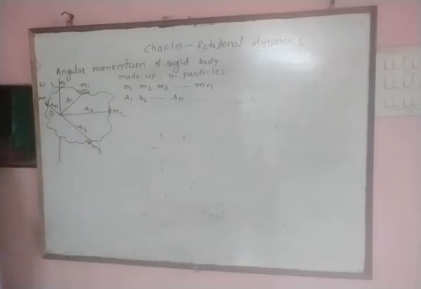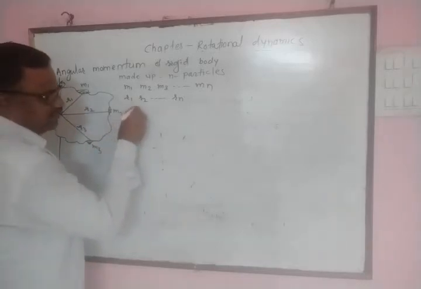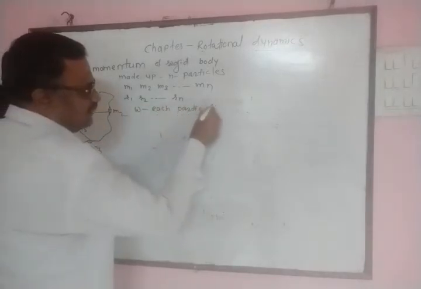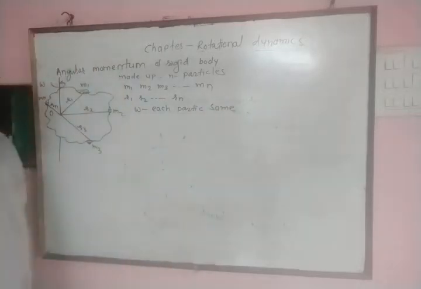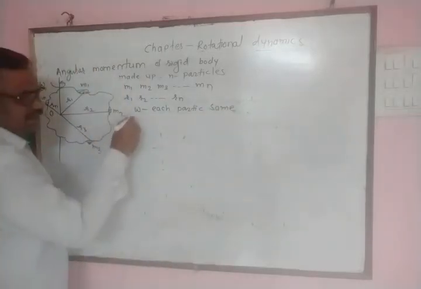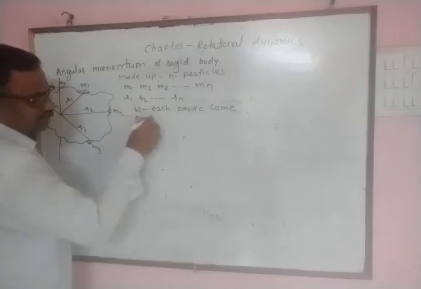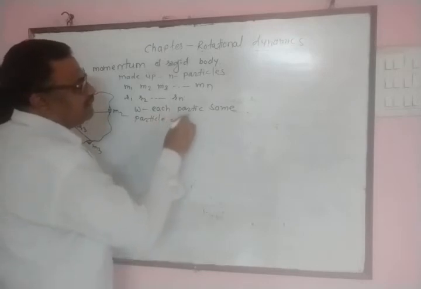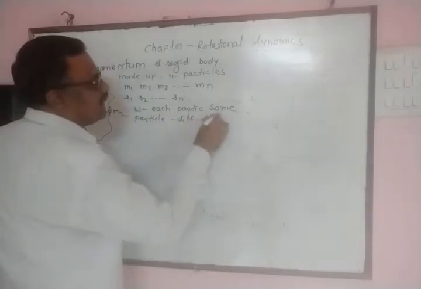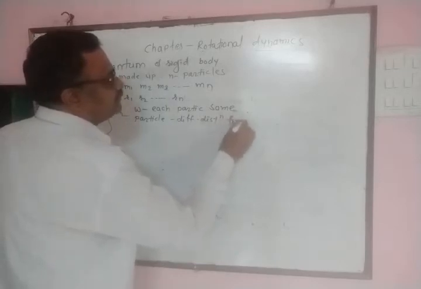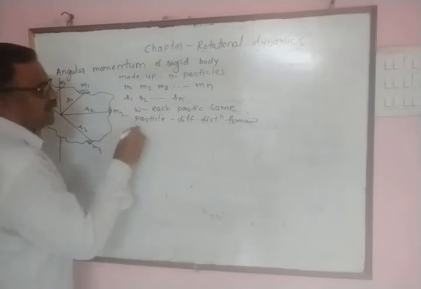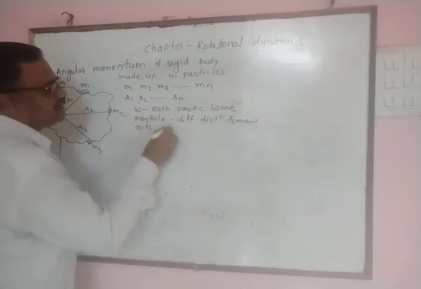In rotational motion, the angular velocity of each particle is the same. But the particles are situated at different distances from the axis of rotation, and this distance acts as the radius of the circular path.